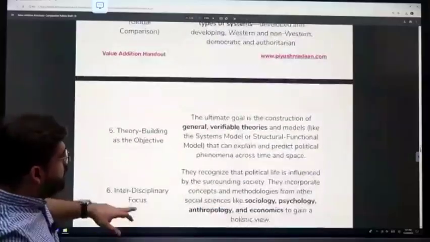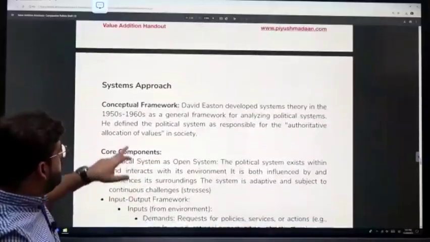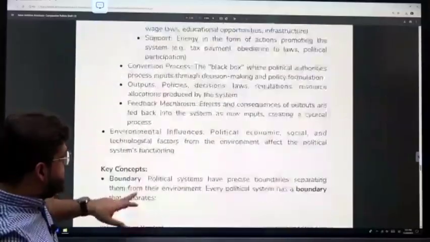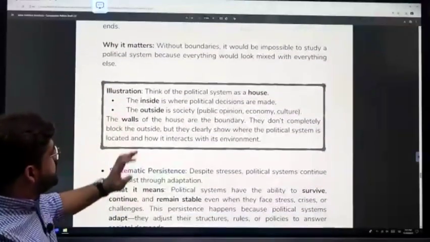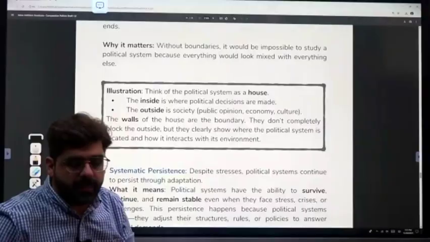So I have been working since the last 2 days on creating this PDF, and this is a work in progress still. I'll be sharing it with you. So what I have done this time is I have included some illustrations also for you to understand it better.